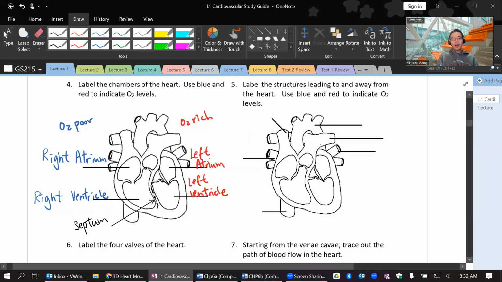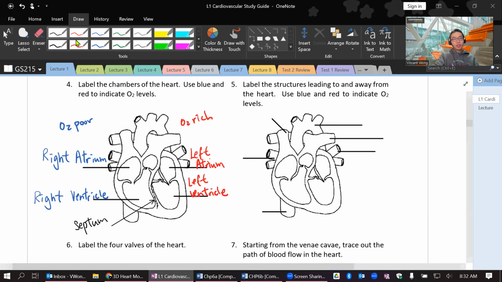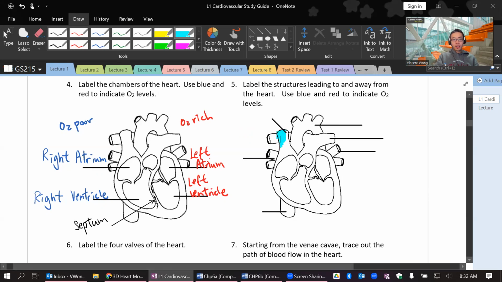Over here, number 5, label the structures leading to and away from the heart. So we have various vessels here. So starting at the top here, we have the biggest vein, right? At the top and at the bottom, of course.